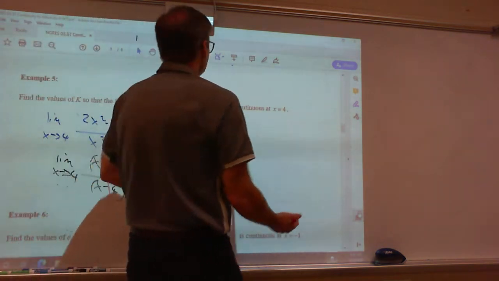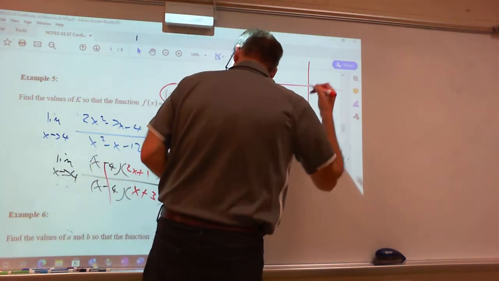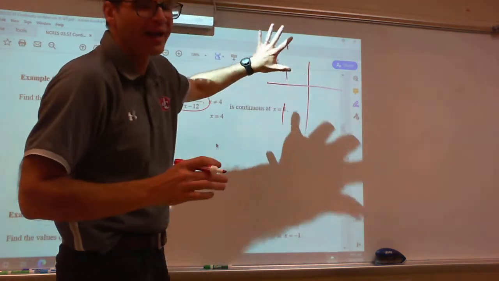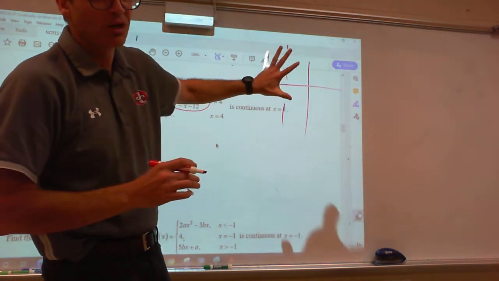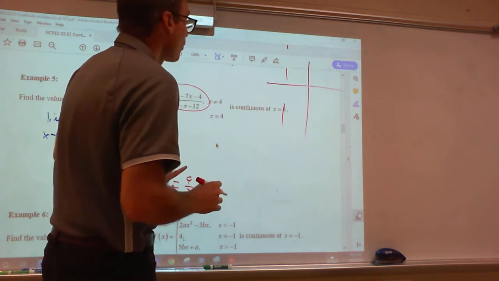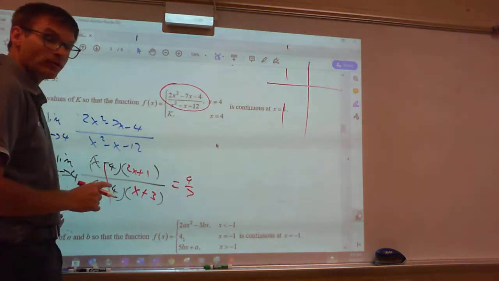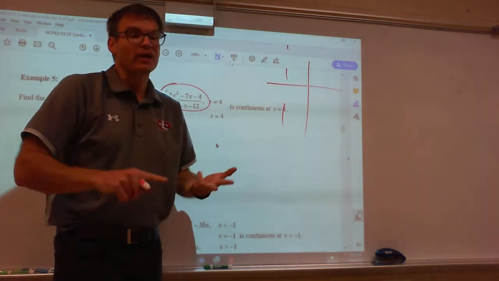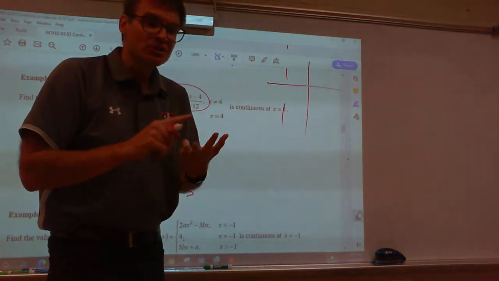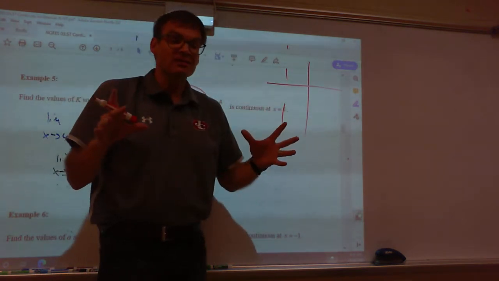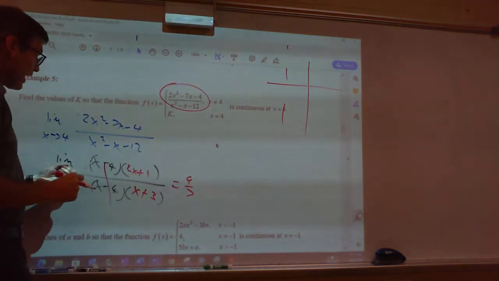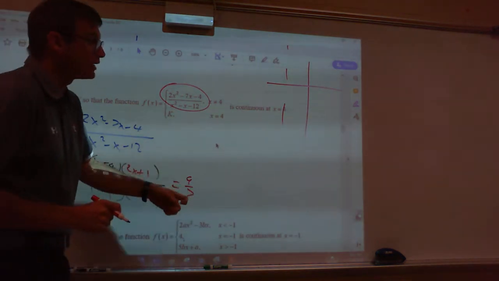I have no idea what this picture looks like. Well, I do, you've got an asymptote here, but the actual picture isn't that important. What is important is what's going on at 4. Again, you did this in Algebra 2 and pre-cal: your teachers said graph things, but you also had to plot the hole. And plotting the hole is, at 4, we had a hole at 9 over 7.